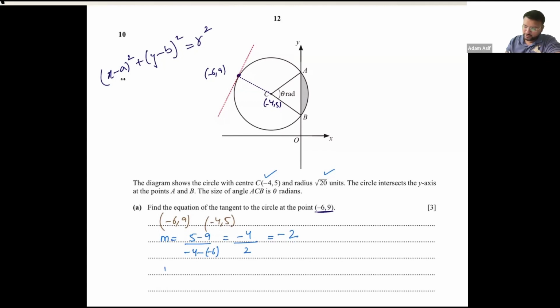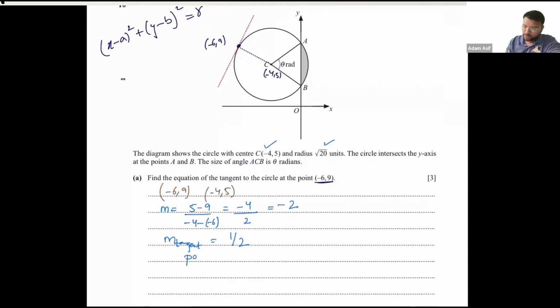So the gradient of the tangent line would be plus 1 upon 2. And which point is it passing through? The tangent line passes through (-6, 9). So can I use this information to find the equation of the tangent line? The equation of the tangent line would be y minus y1 equals m times (x minus x1). 2y minus 18 equals x minus 6.